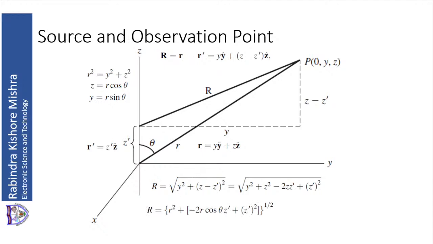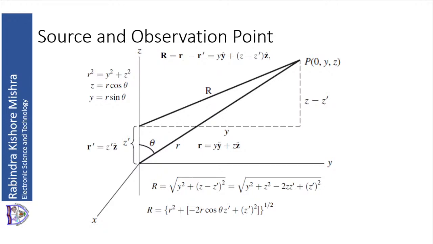So let us rewrite that. y square plus z square is equal to r square, so that part is r square. Then 2z z dash, we can write as 2r cos theta z dash, because r cos theta is z.